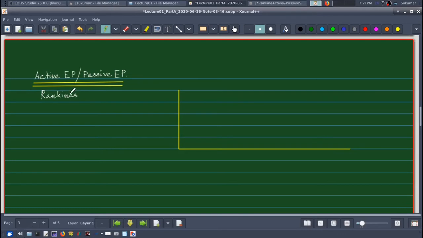This was one of the very old theories of soil mechanics. Actually, Coulomb's theory and Rankine's theory both were used for retaining wall design before there was geotechnical engineering.